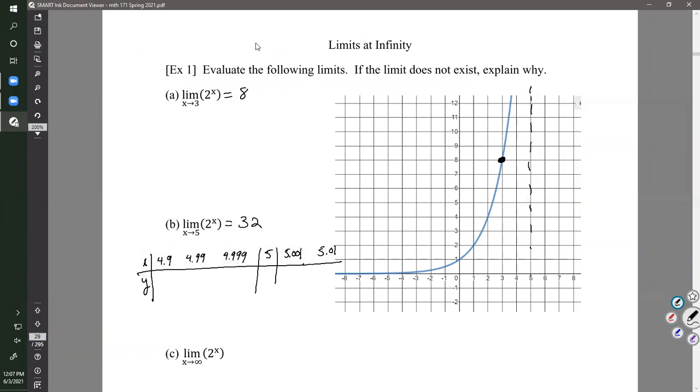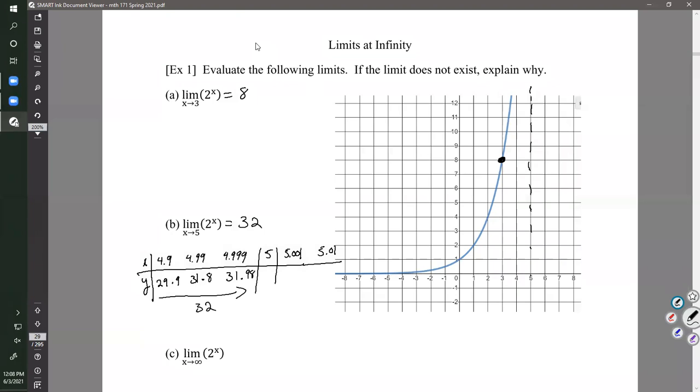So if I plug those in, at 4.9, I get 29.9. For 4.99, I get 31.8. For 4.999, I get 31.98. So I'm getting closer and closer and closer to 32.